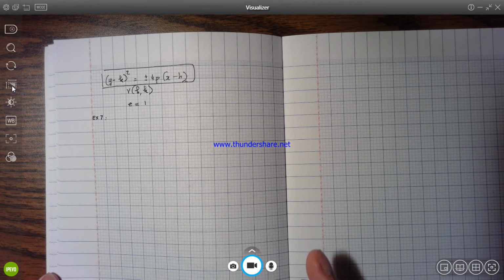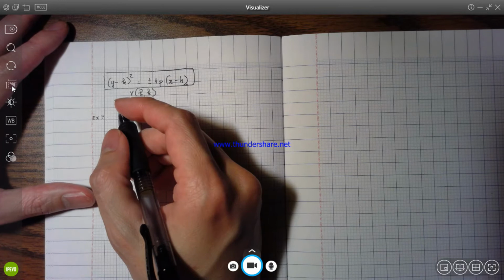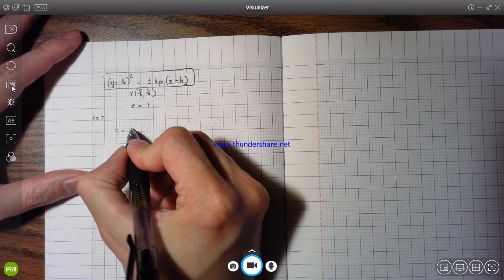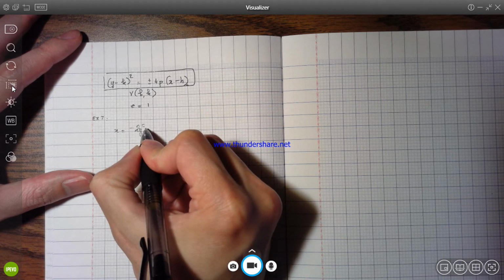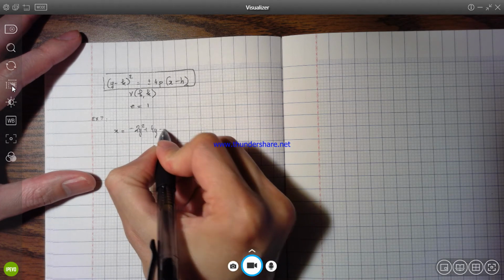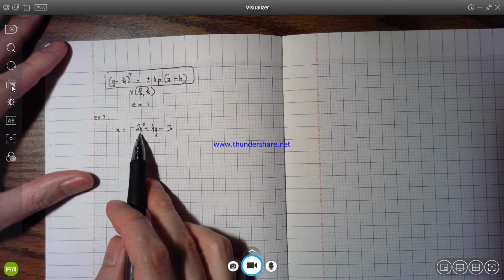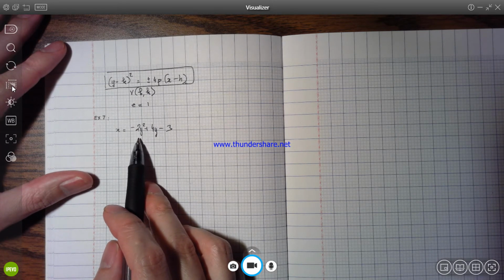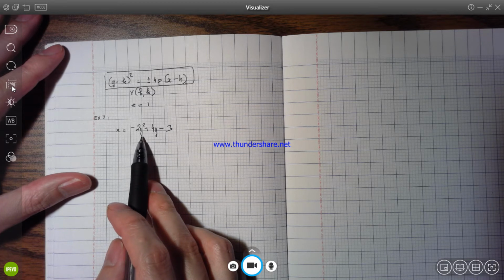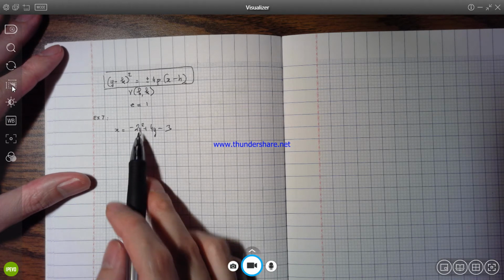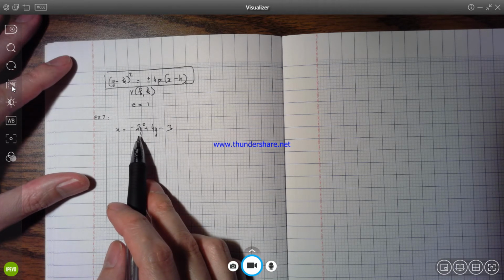I'm going to have something like x equals negative 2y squared plus 4y minus 3. By reading this, you know right away that this is a horizontal parabola, because the y variable is the one with the second power, not the x.